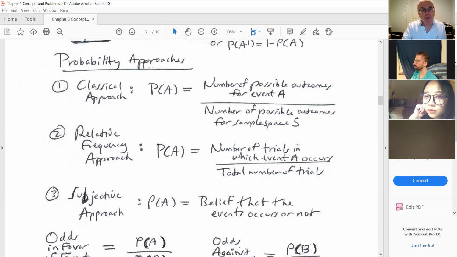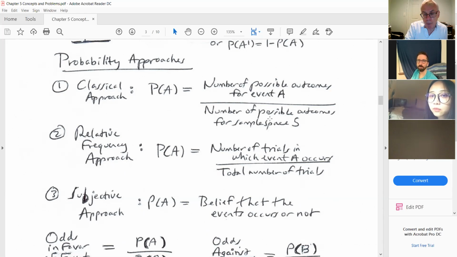Now, the classical approach would be for something that you can figure out ahead of time based on randomness, such as flipping a fair coin. We know the probability of heads is 1/2, probability of tails is 1/2, if it's a fair coin. How do we know that? Because what are the number of possible outcomes in the sample space? There's 2 when you flip a coin.